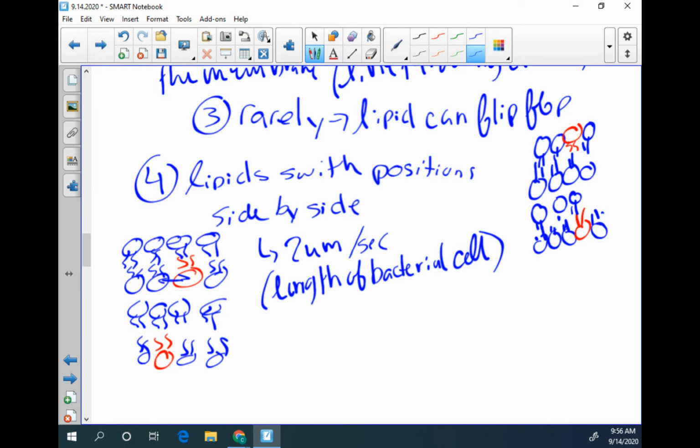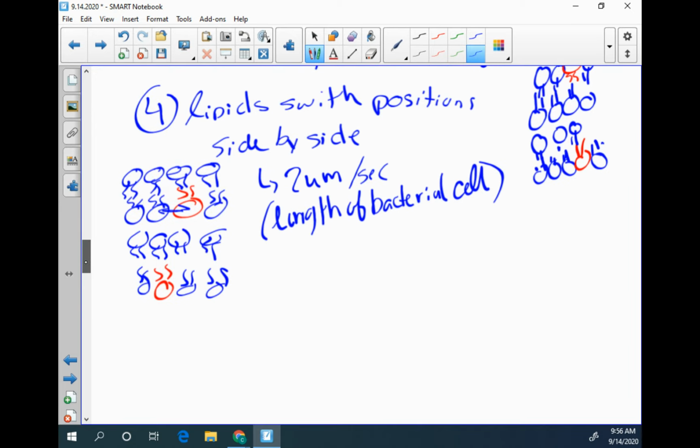So one lipid can be on the top of a bacterial plasma membrane, and in the next second can be at the bottom of that bacterial membrane. These guys are moving quickly. That's why it acts almost like a fluid. And because these lipids are moving all the time, proteins can drift.